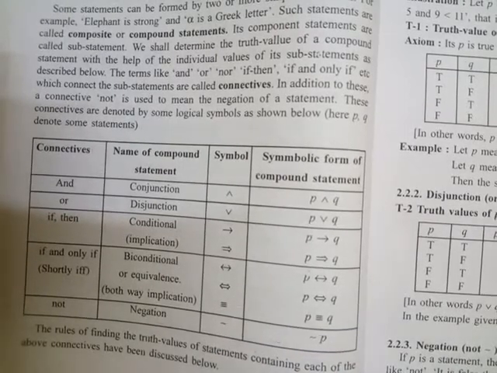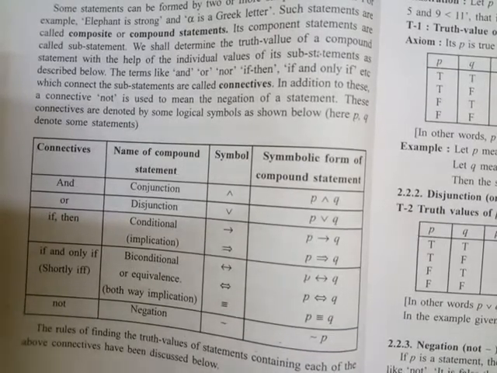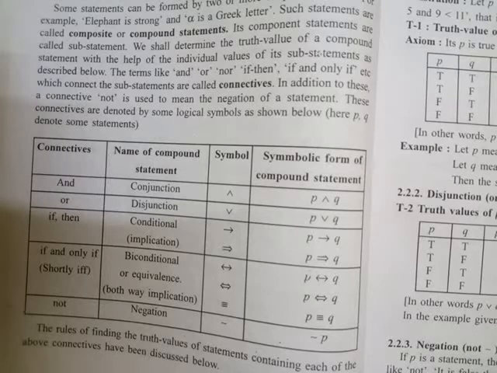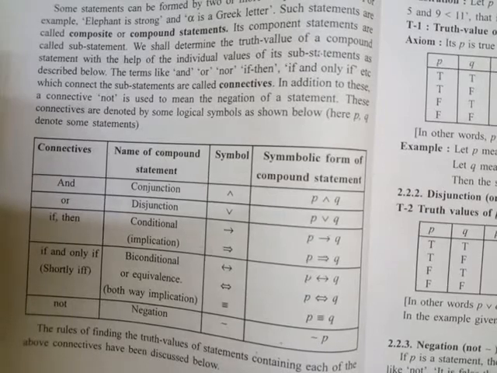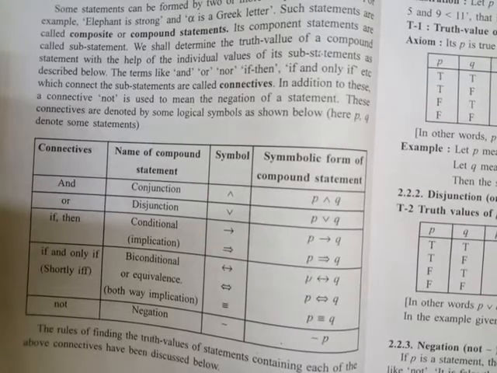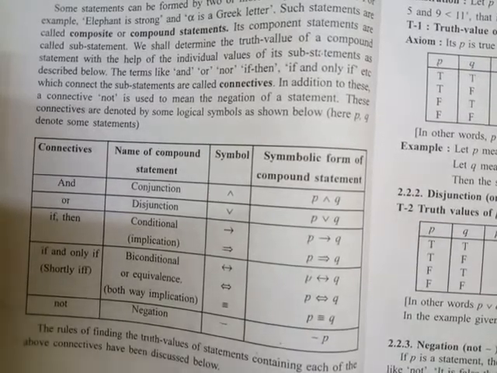These are the basic terms and conditions before starting the chapter. Now I'm going to explain one by one the conjunction, disjunction, depending on the truth table. Some formulas are there. Now let's have a look how to solve this.